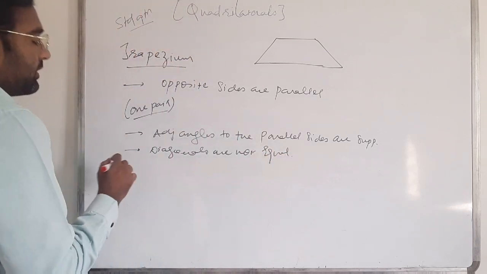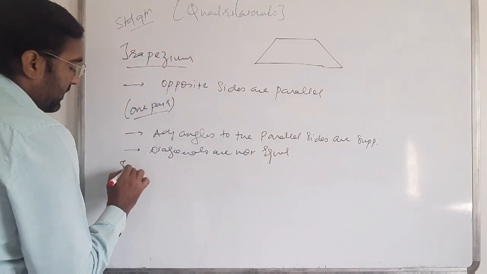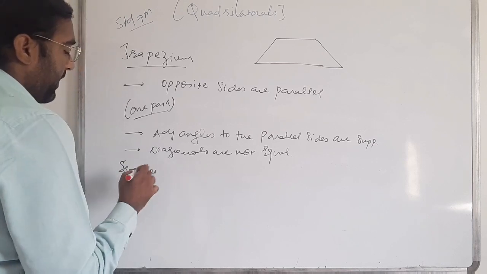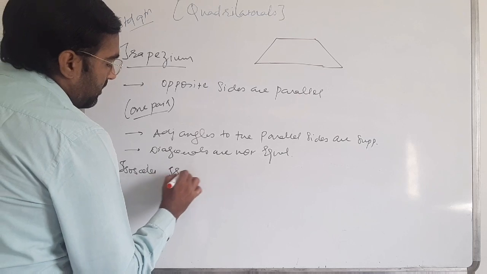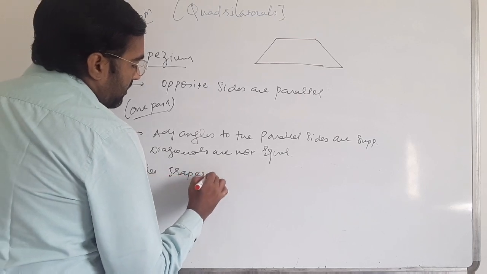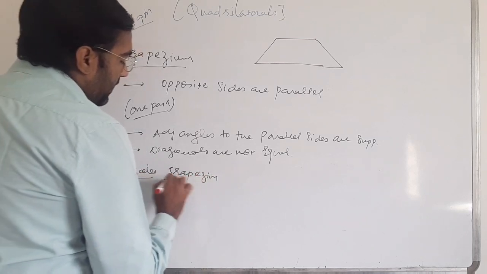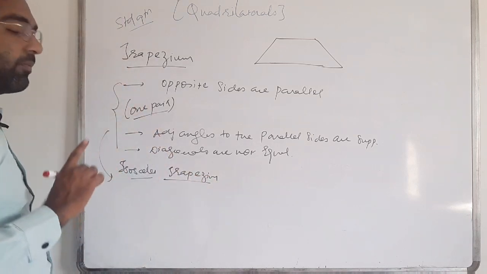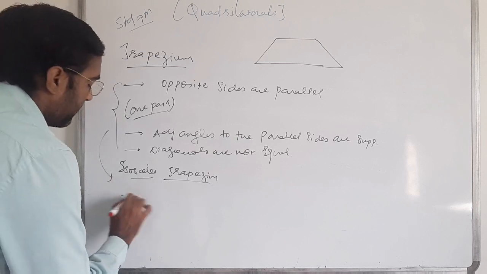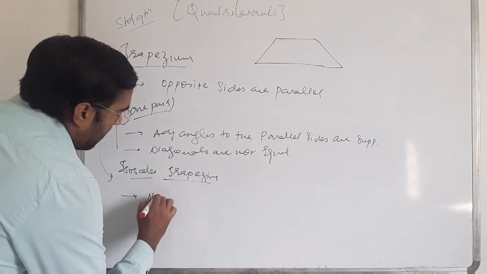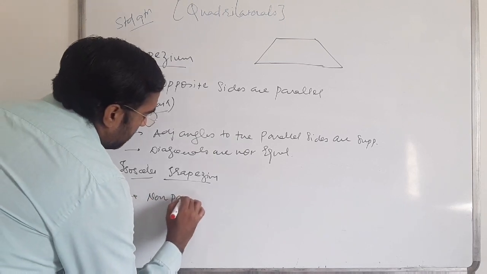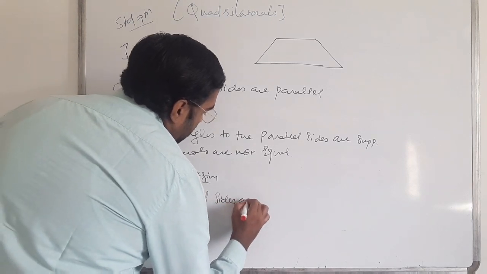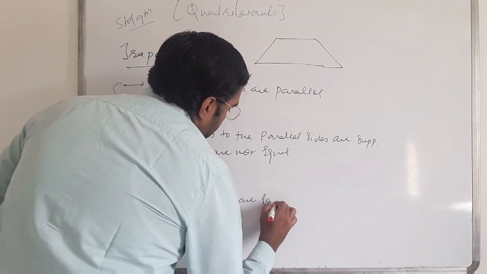Okay, so this is the trapezium, and there is only one new property in the isosceles trapezium. All the properties of the trapezium are acquired by the isosceles trapezium, and there is one unique property of the isosceles trapezium, that is non-parallel sides are equal.